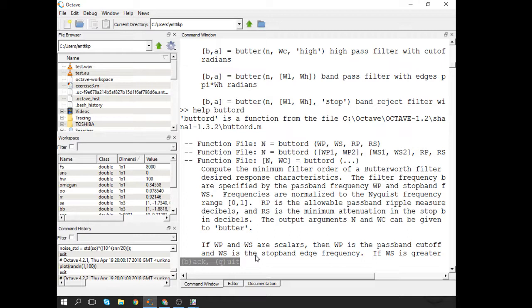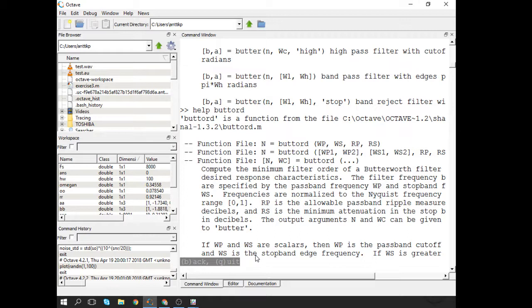Cutoff frequency, stop and start frequency, normalized. Okay, between 0 to Nyquist frequency. So actually our WP is FC divided by Nyquist frequency.